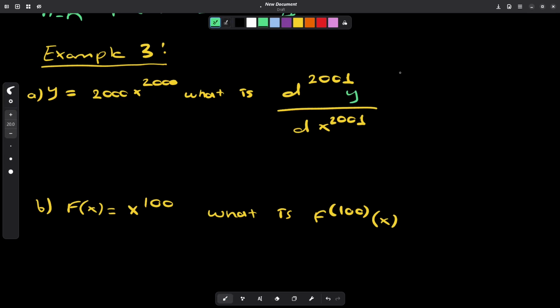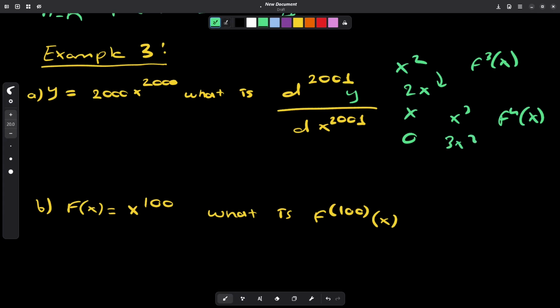Okay, think it like this. If you were differentiating x squared, and the question is third derivative of this function, 2x, 2, 0. If it was x cubed and you wanted the fourth derivative, 3x squared, 6x, 6, 0. What should I understand from this?